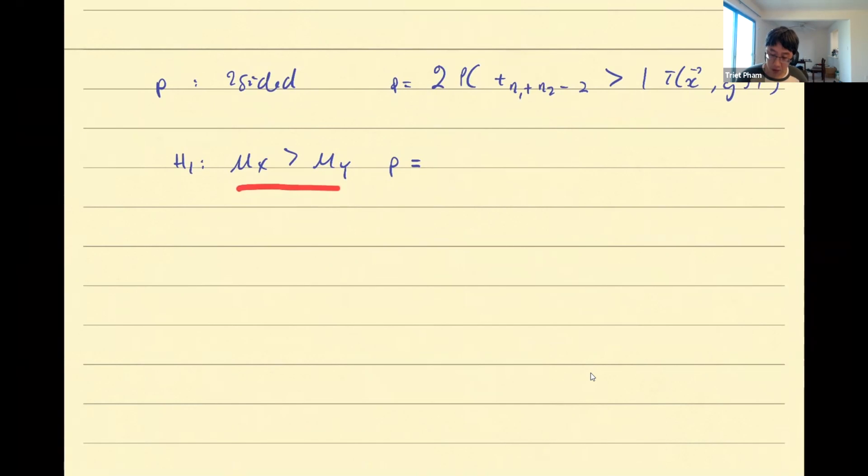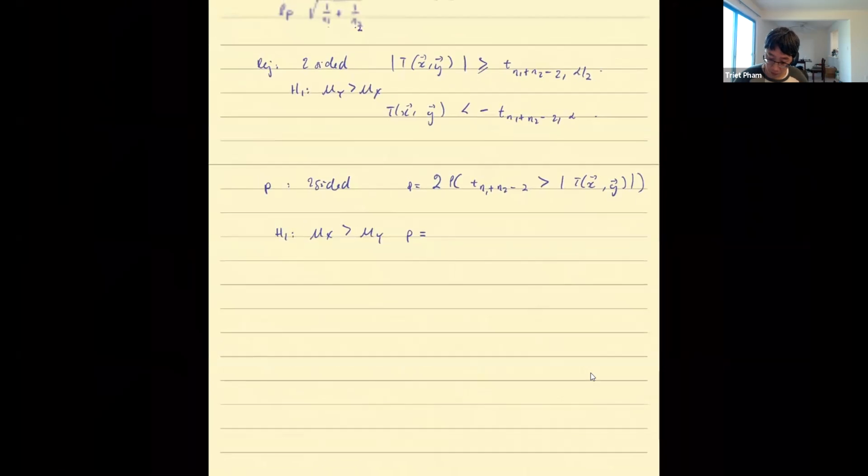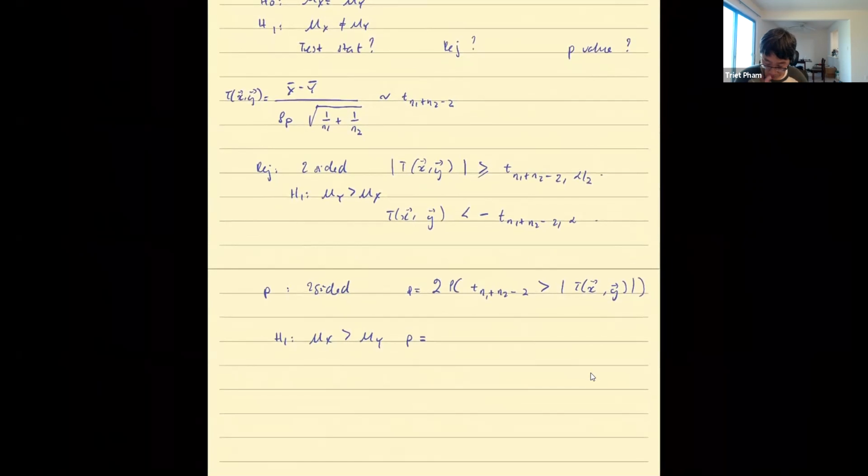Anyway, if mu x is bigger than mu y, what's your p-value? Well, it should be the probability that T with n1 plus n2 minus 2 degrees of freedom is bigger than T xy.